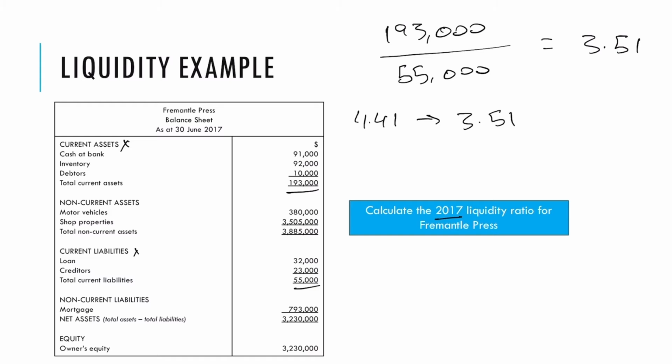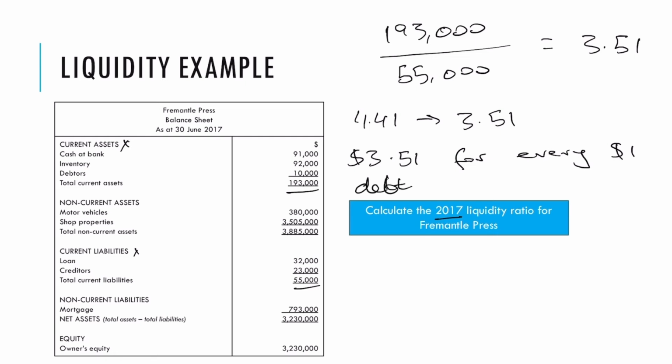Now, one of the reasons for that is we might have seen either a decrease in our current assets or potentially an increase in our current liabilities. There are multiple different reasons why this has happened, but Fremantle Shoes now has $3.51 for every dollar of debt they owe.